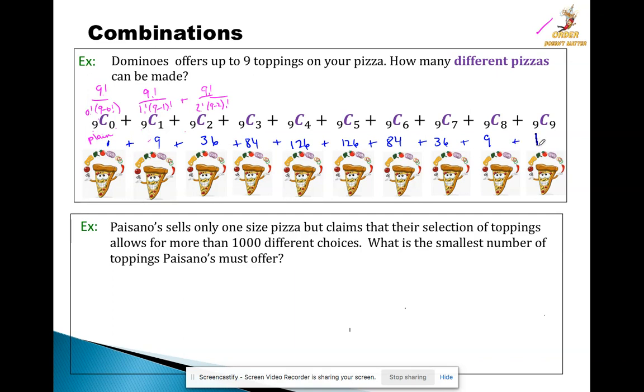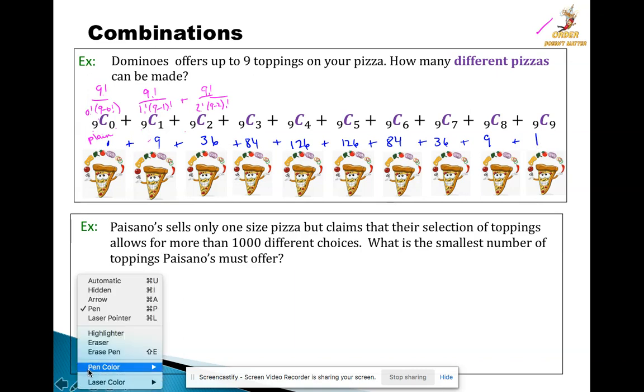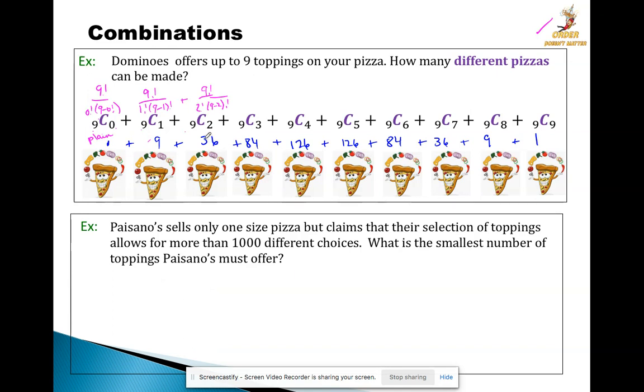Hey, what's going on here? Can you see what happens? That's right. Multiplication is commutative. Look at this 36 right here and this 36 right here.